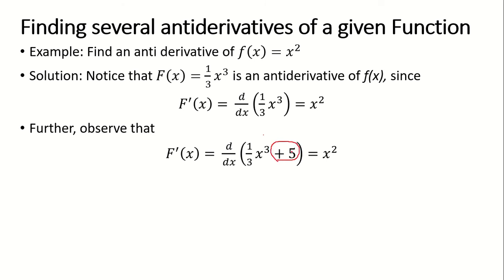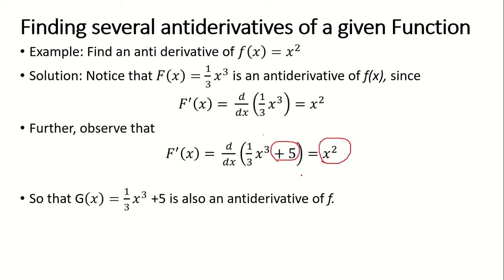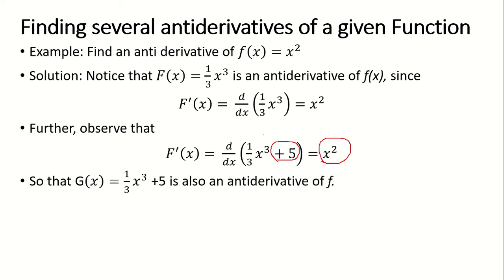And then, we also know that kapag kinuha natin yung derivative ng constant, that will be 0. So, if we differentiate capital G of x, the result will still be x squared. So that capital G of x is equal to 1/3 x cubed plus 5 is also an antiderivative of f.